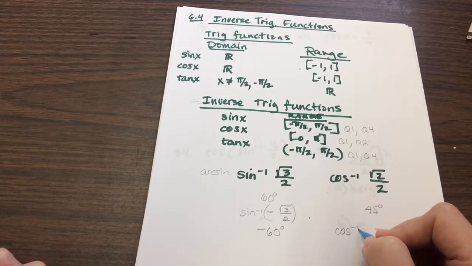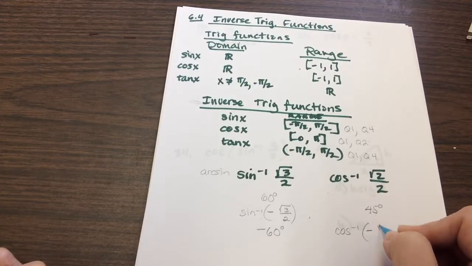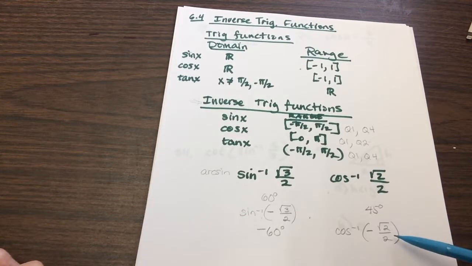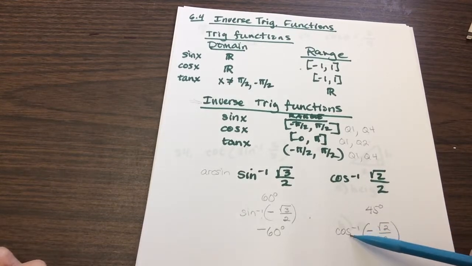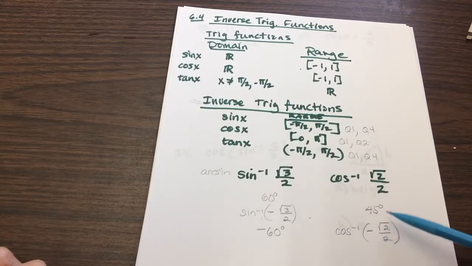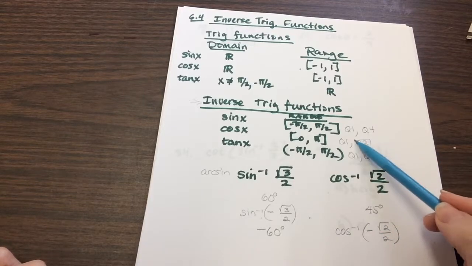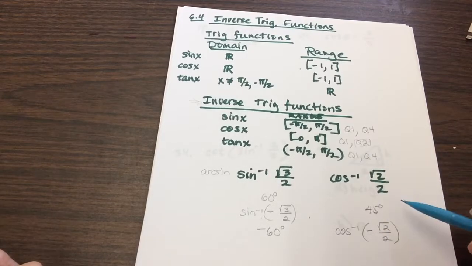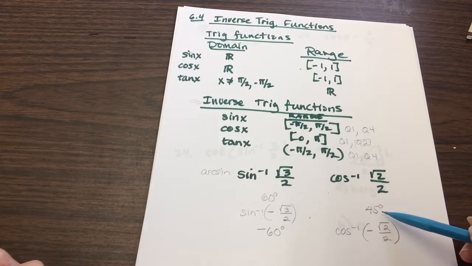However, if I change this up and I say, all right, let's make this negative. Well, remember that I can't pull my negative value from the fourth quadrant because cosine is positive in the fourth quadrant. So my negative value comes from quadrant 2 with cosine. Now, this is what you've got to think about. You've got to think about what angle in quadrant 2 gives me a reference angle of 45 degrees.